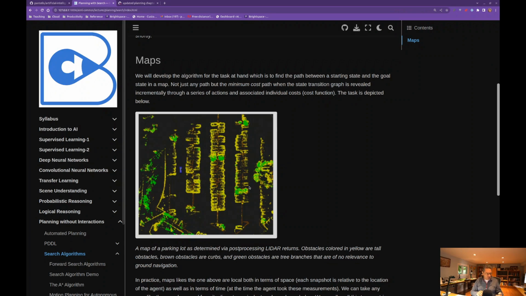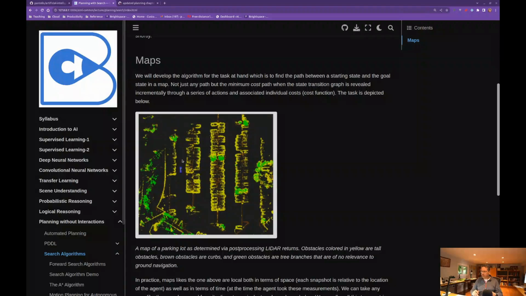And you can see that this map also has all the constraints. Let's say this map came from a parking lot, and the yellow areas are areas where you cannot go, but the black areas are areas where the vehicle can move.